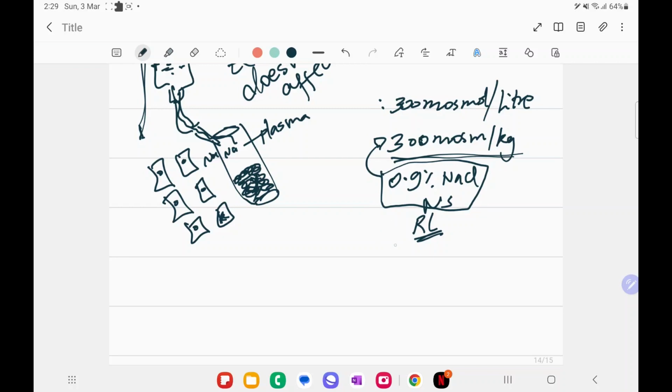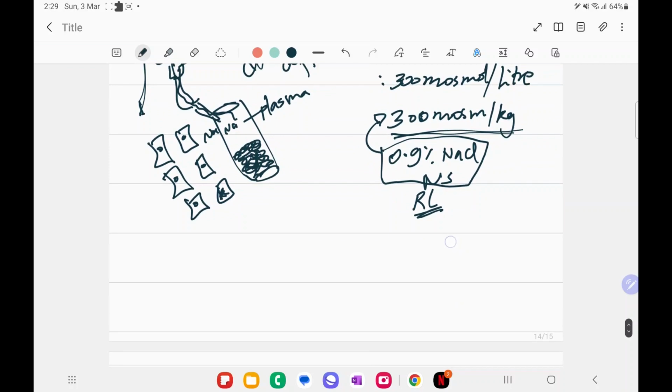Now, there are some situations where you have to infuse hypotonic solutions, half of the strength, so you get 0.45% solution of NaCl. When you infuse this, what's going to happen? There's more water than salt infused into the blood.